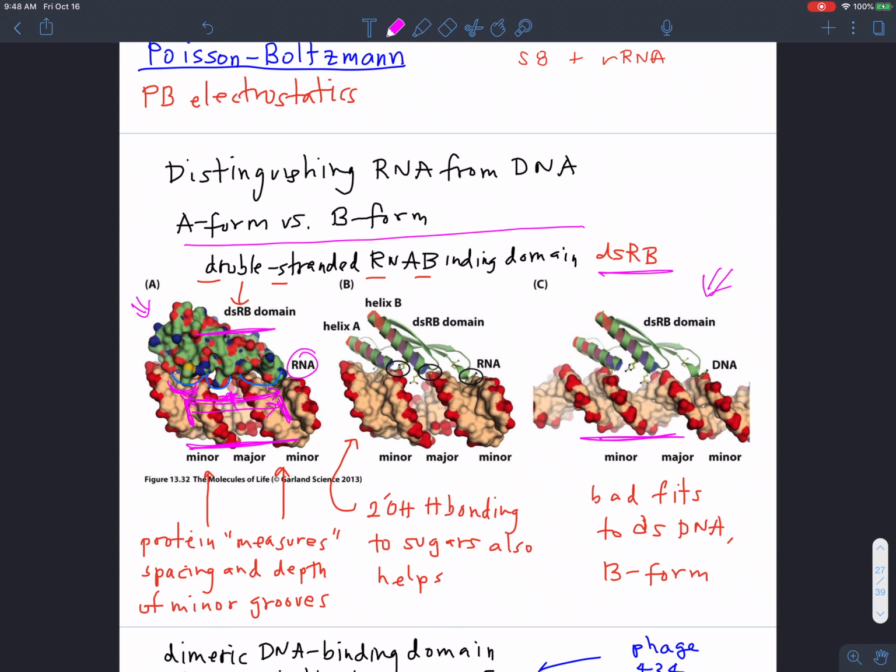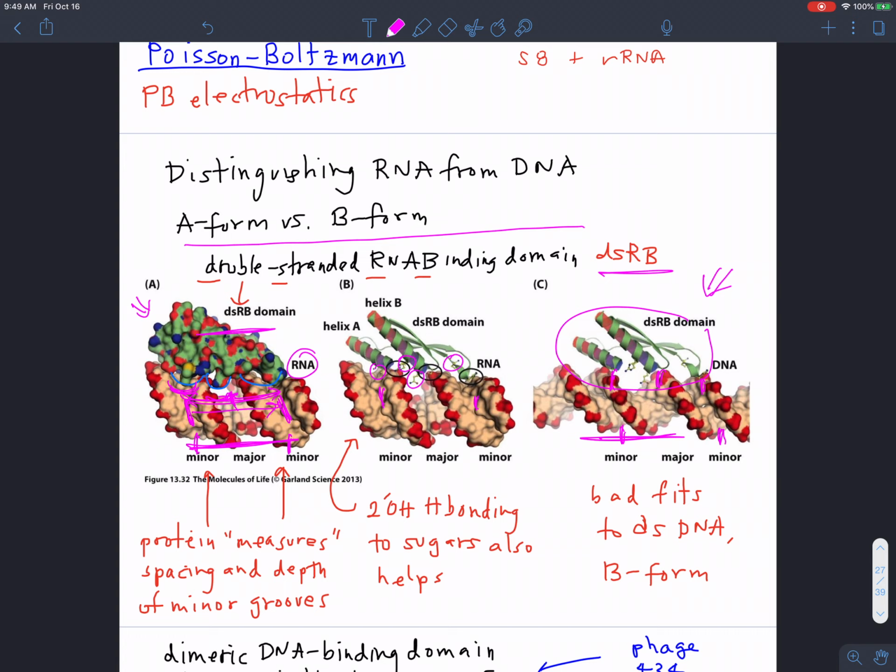The spacing along the helix is different for A RNA or DNA than it is for B DNA. And so look, the same protein coming in and interacting just hits things badly on the B form DNA, compared with the A form, either DNA or RNA. Also, of course, look at the side chains here.